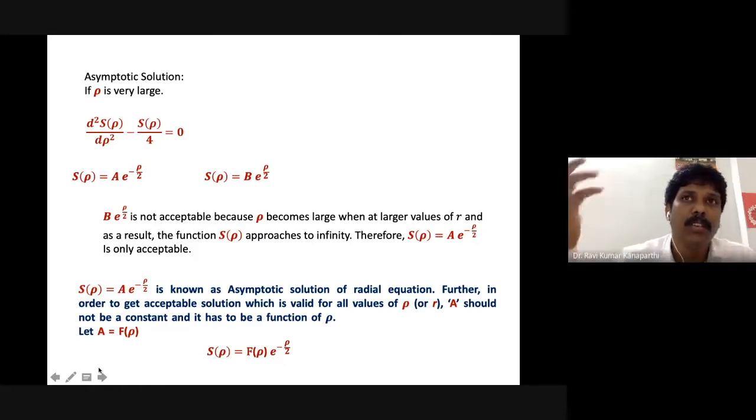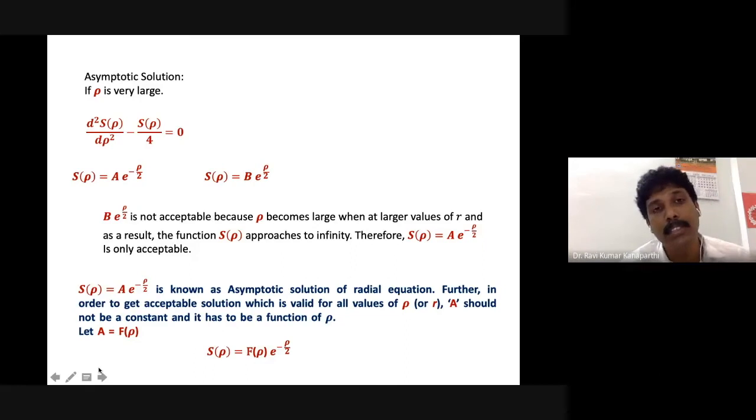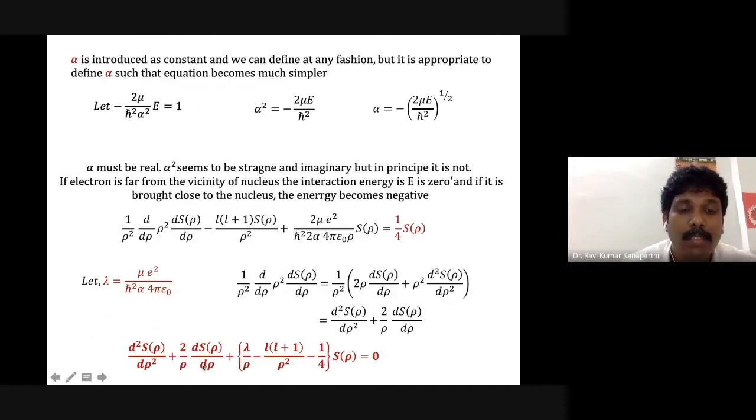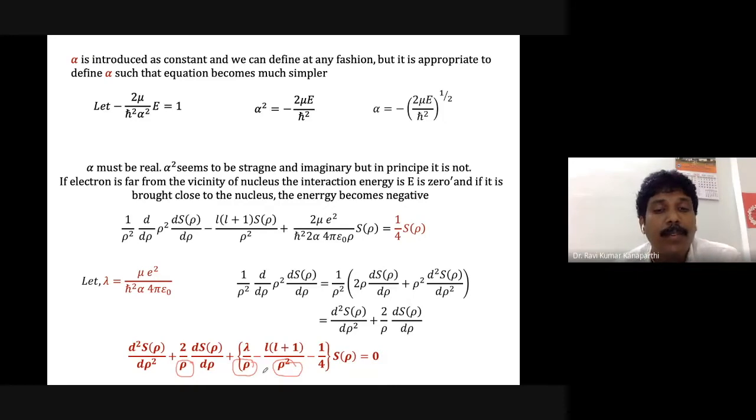In this asymptotic region, in this expression you can see that this term you can neglect, and this term also, and this term also, because these are huge quantities sitting in the denominator. Therefore, all these three terms can be neglected.